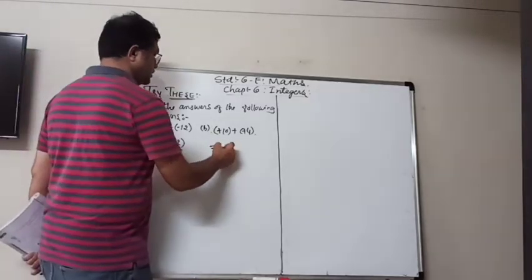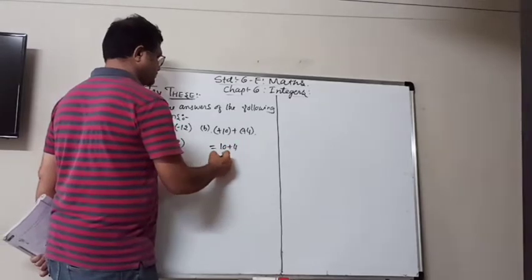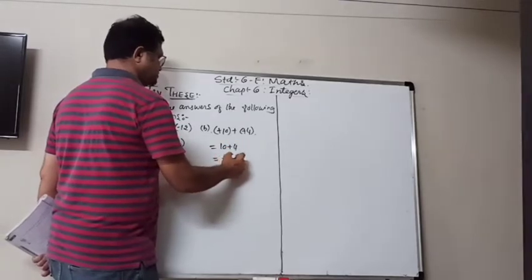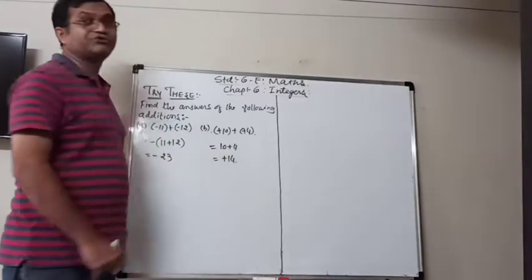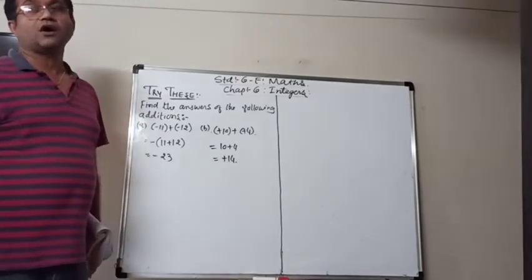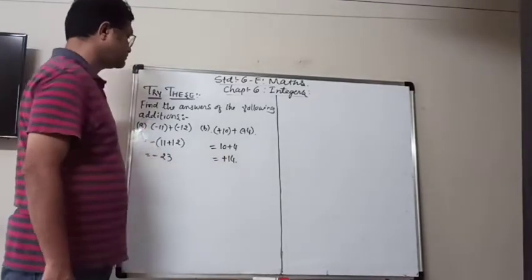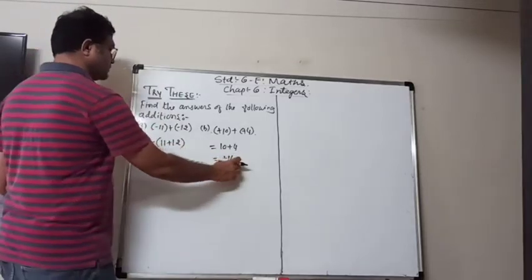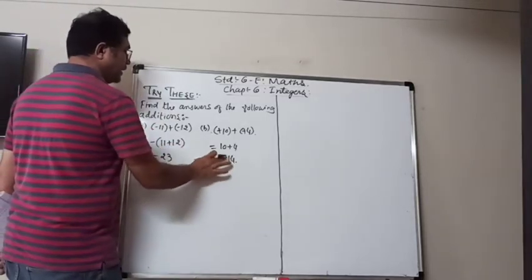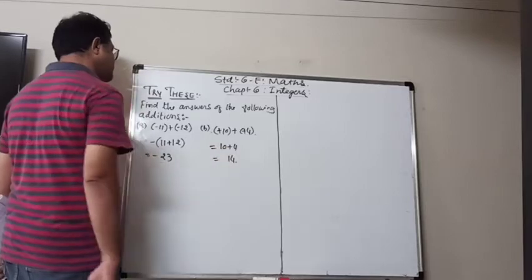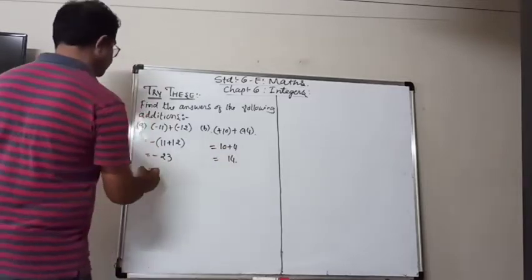We write down 10 plus 4 and that is plus 14. Or you can write down only 14 also, not a problem. When there is a positive answer, you can also not mention the plus sign.